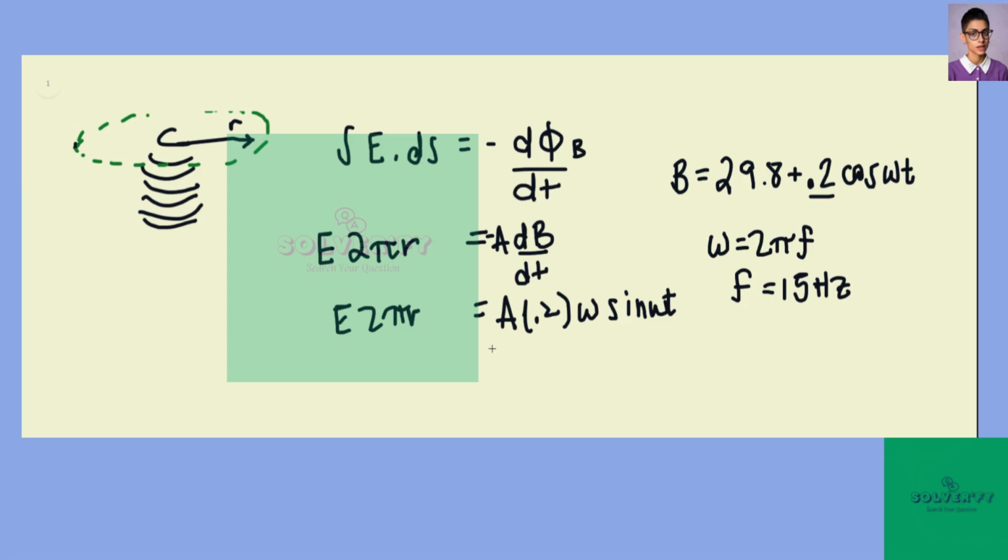We want the area that's intercepting flux, which involves the cross-sectional area of the solenoid. Isolating E algebraically, E is 1 over 2 pi r times pi r of the solenoid squared times 0.2 times omega.